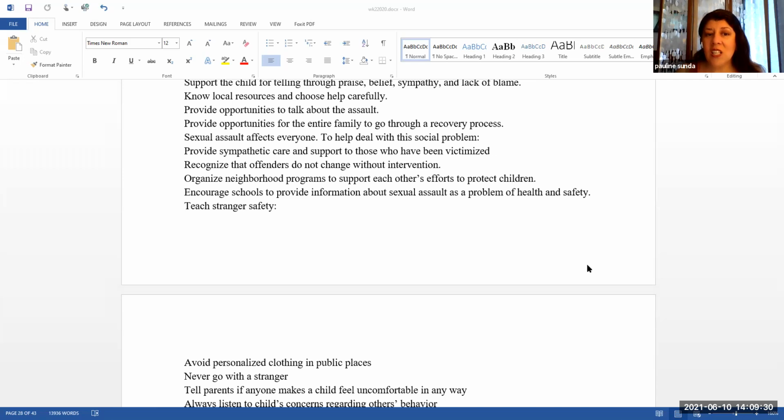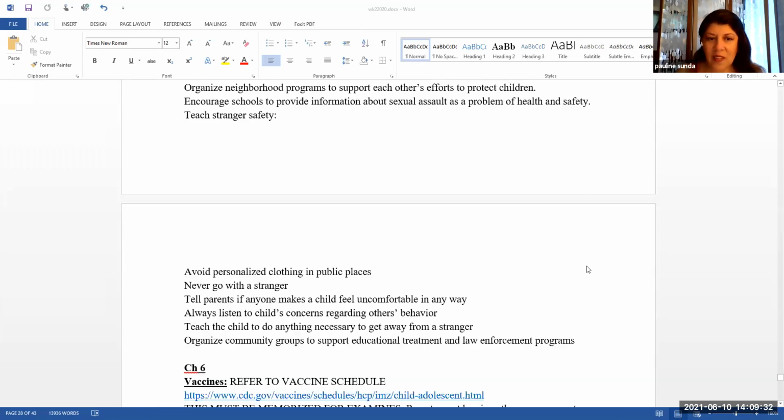We also need to teach stranger safety. So as parents, something that you want to do is avoid putting your children in personalized clothing in public places, meaning that you don't want to put their names on their clothing. So you don't want their names on the backpacks, on the outside, on their shoes.